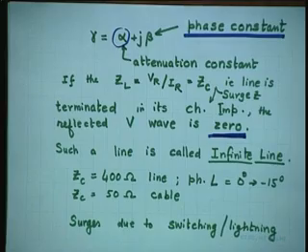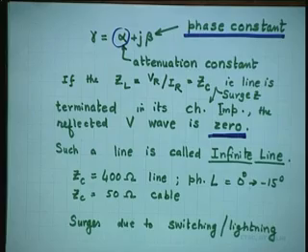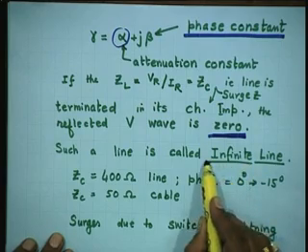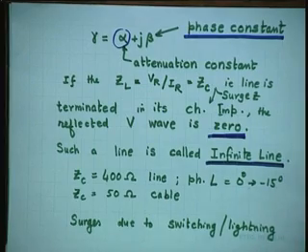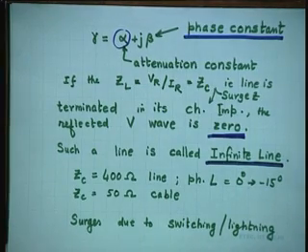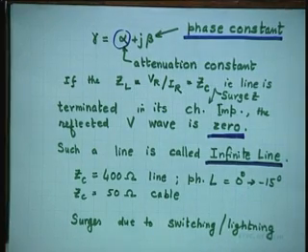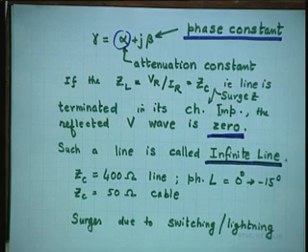Such a line is called an infinite line. Why is it called an infinite line? The receiving end thinks as if the line is continuing. No reflection, absolutely no reflection, and no reflection means it has not terminated.